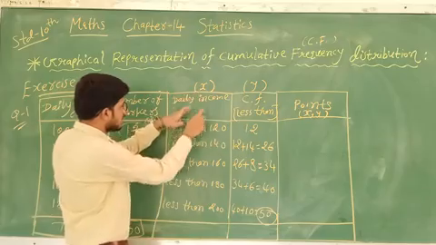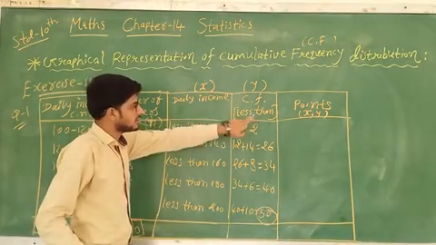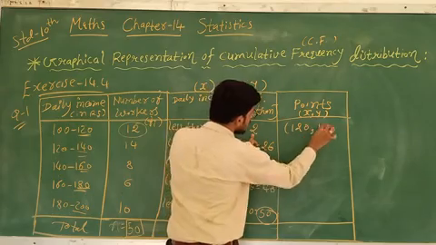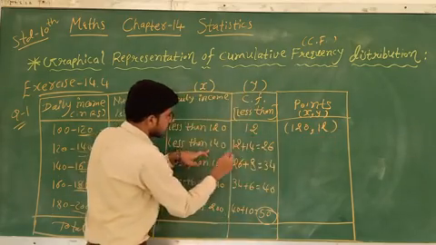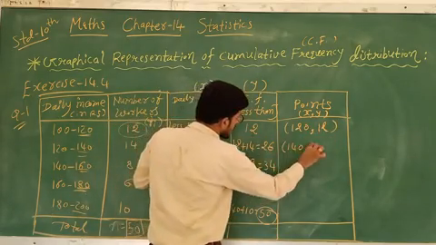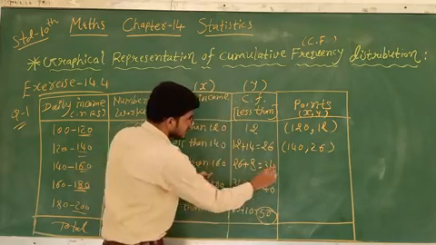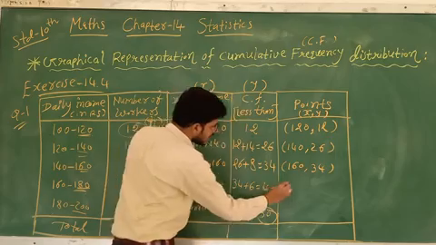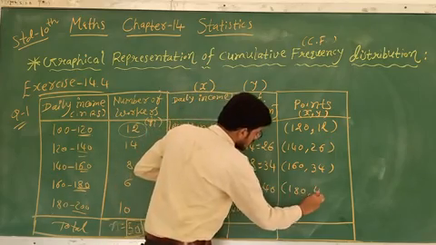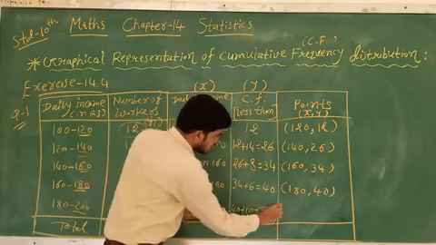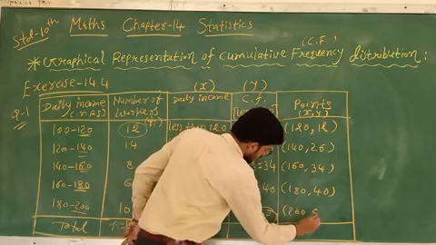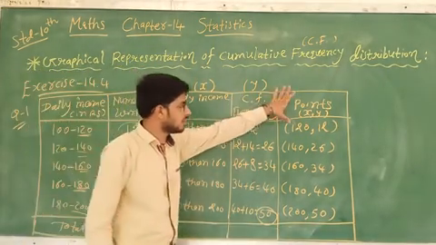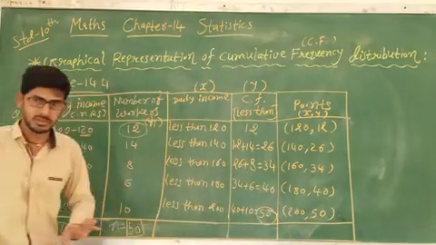Here the x coordinate is 120 and the y coordinate is 12, so we write 120, 12. Next 140, 26. Next 160, 34. 180, 40, and last 200, 50. Now we will draw a graph of the given question.